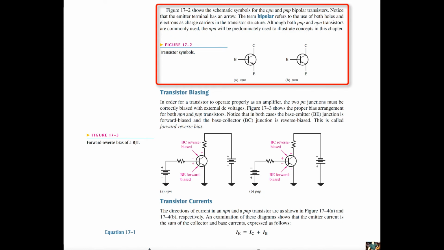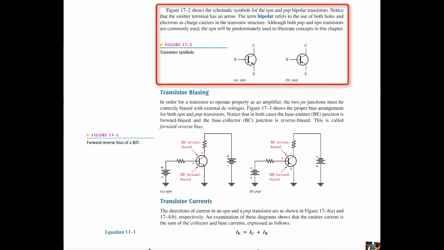So in the figure we can see the schematic symbols for the PNP and the NPN bipolar transistors. NPN, we typically say that's not pointing in. You can see the arrow pointing out from the emitter. In the PNP we call it pointing in. The emitter arrow is pointing toward the base. The term bipolar refers to the use of both holes and electrons as charge carriers in the transistor structure.